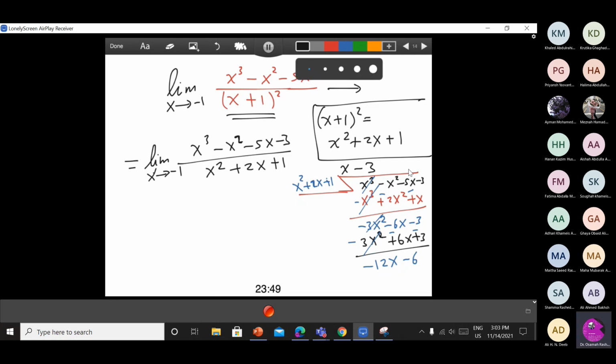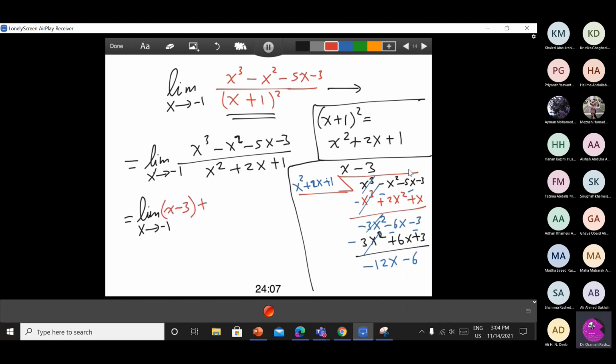So I can write this one as a limit when x tends to minus 1 for x minus 3 plus the remainder, exactly like when you divide 13 over 4, you have 3 and the residue is 1 over 4.